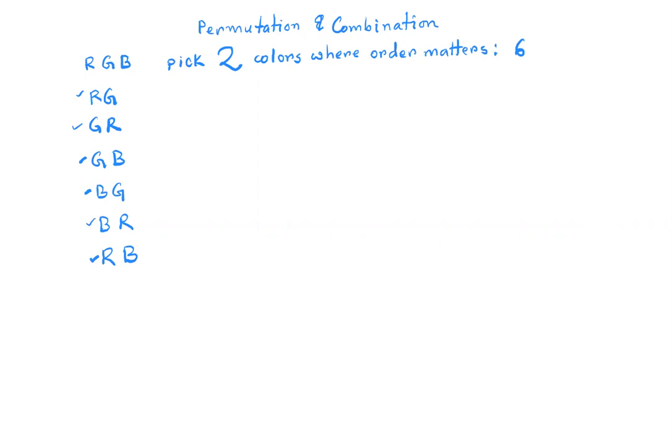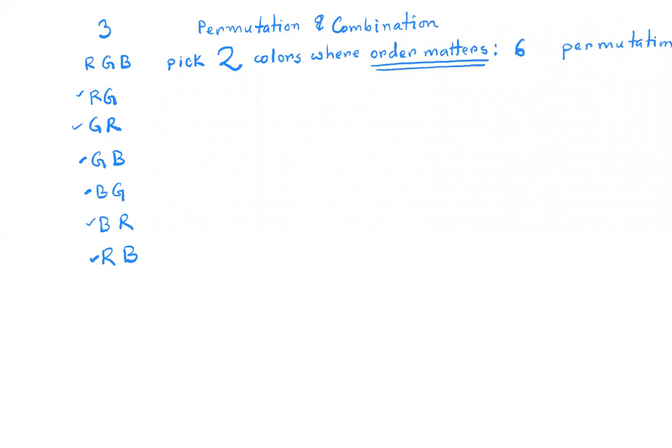When you are selecting 2 items from a group of 3 distinct items, where order matters, what you are doing is permutation. Very important, order matters. You are doing permutation.